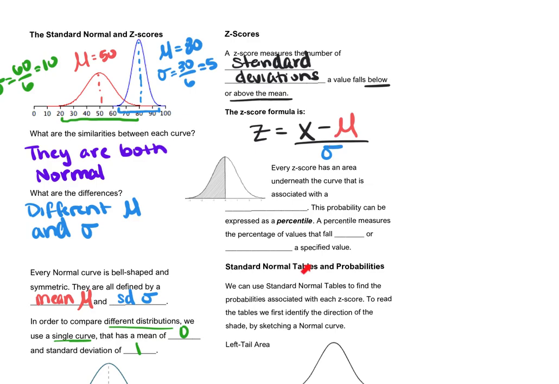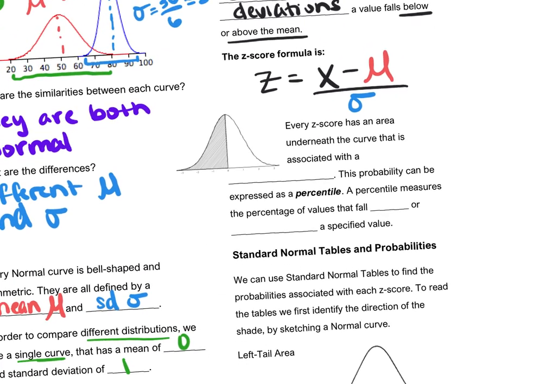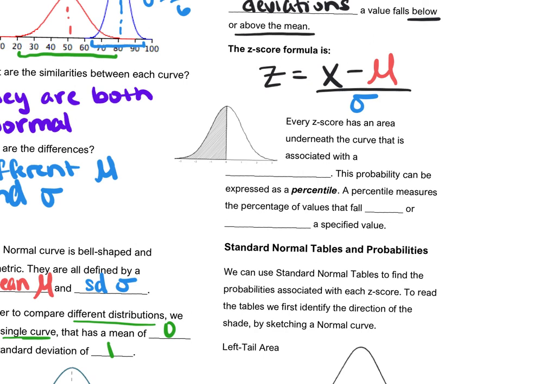And what we can do now is associate area. Because remember we talked about earlier, this particular curve has an area of 1 or 100%. And we can associate area to every z-score. The way we do that, every z-score has an area underneath the curve that is associated with what we call a percentile.